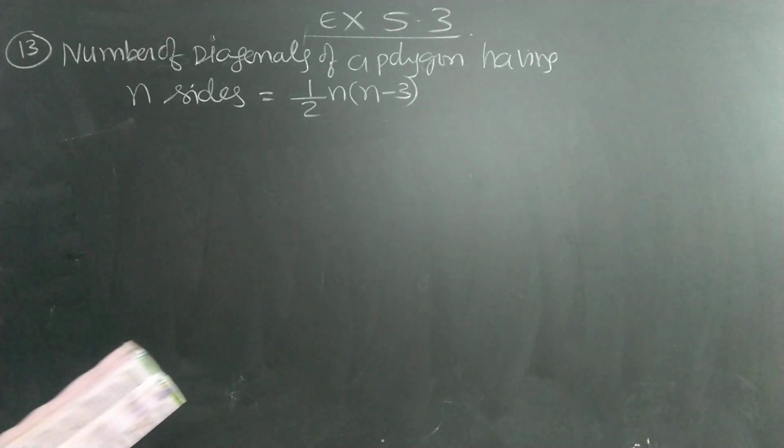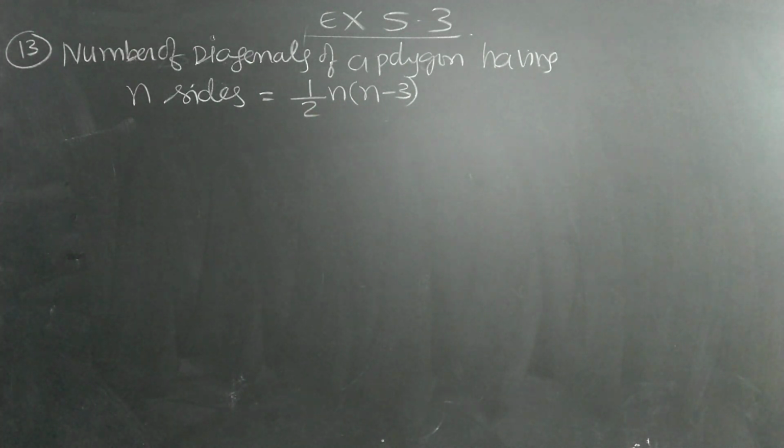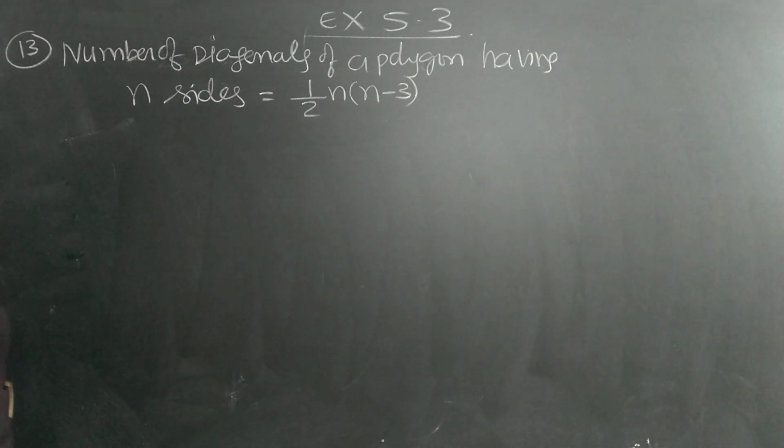Number of diagonals of a polygon having n sides is half n into n minus 3. This is the formula for number of diagonals of a polygon.